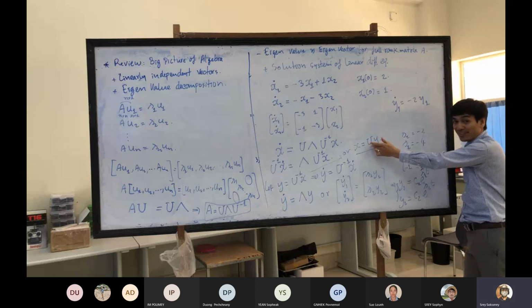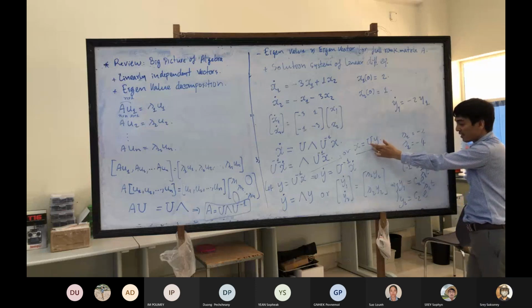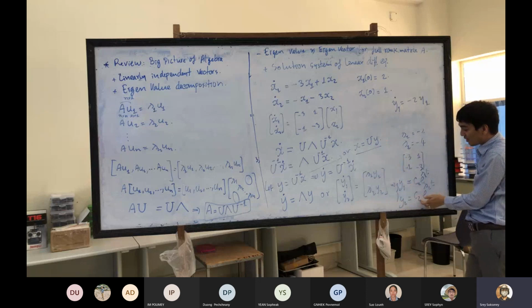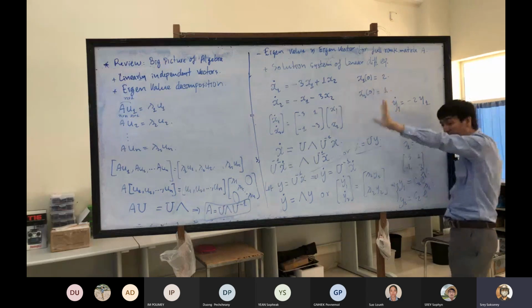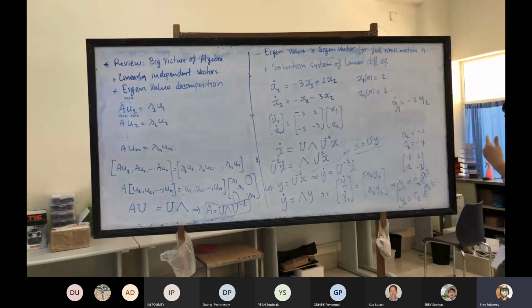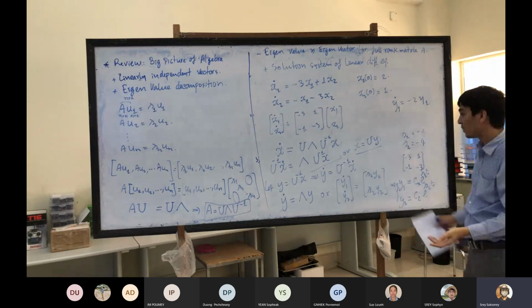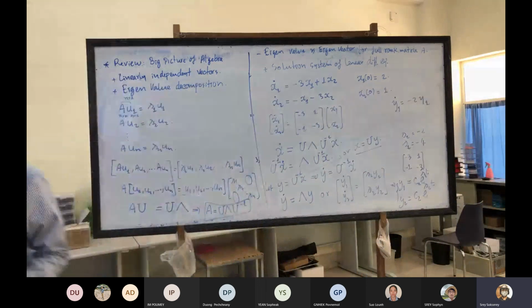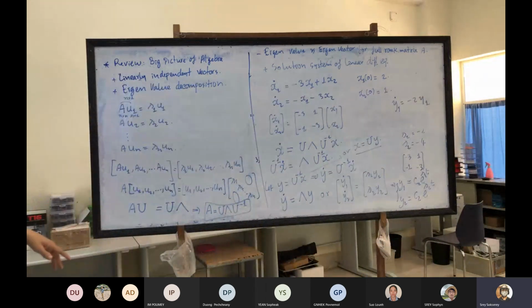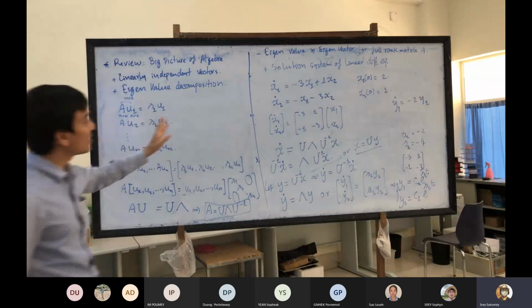U is just a number, don't worry. C1, C2 are still parameters, but you can find them from these two equations. So I only explain the process, and you do the exercise by yourself. It's better to get familiar with it, so you can remember. So this is the application for solving a system of linear differential equations.